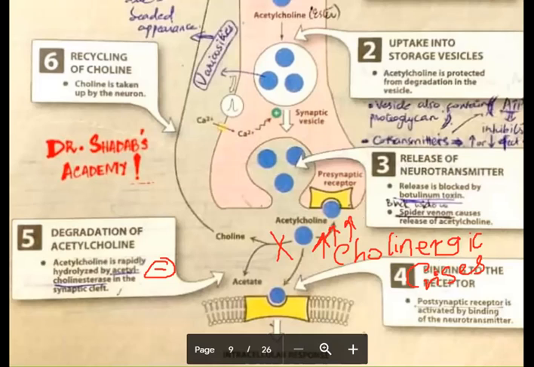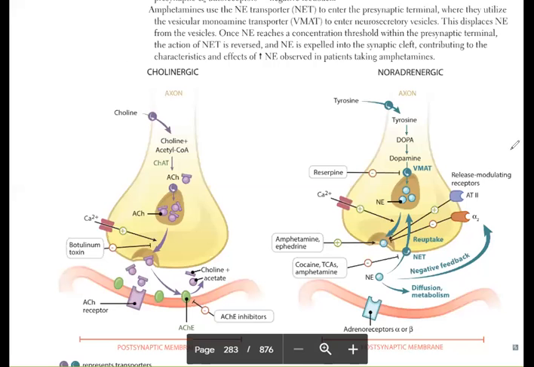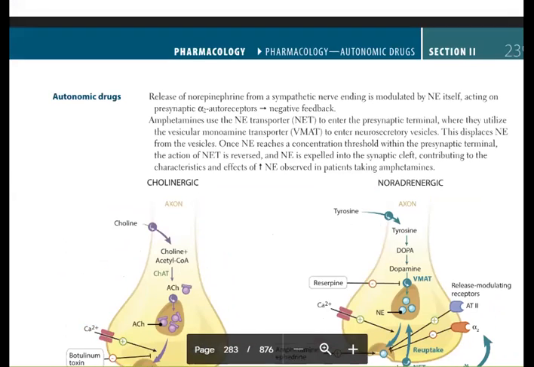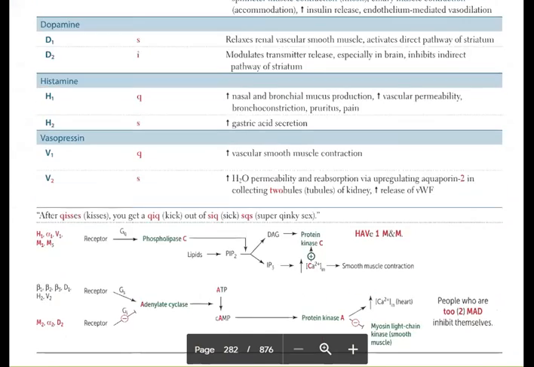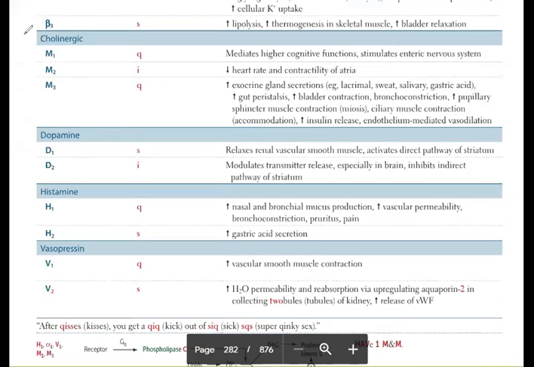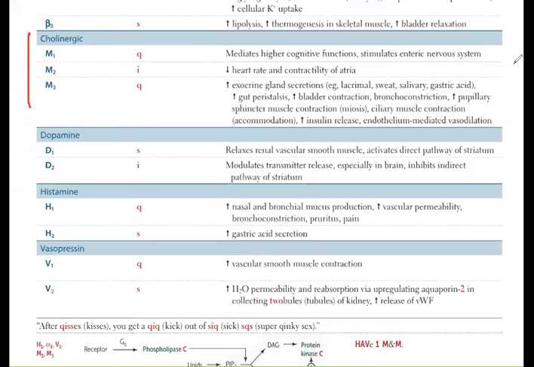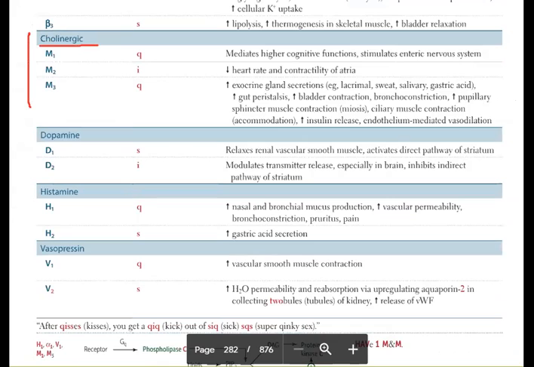And to study the enhanced cholinergic effects, we will go back to First Aid. And you have to see this part, that we have this cholinergic. Okay. Now, M1, M2, M3.